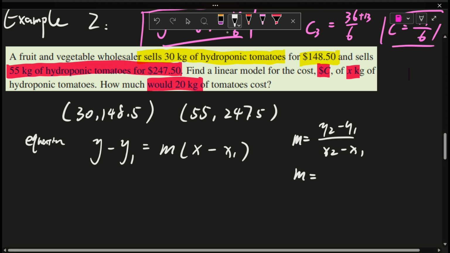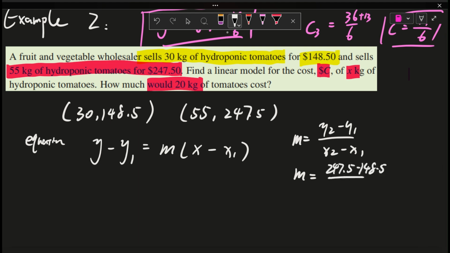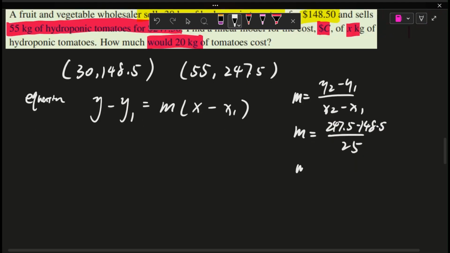So m equals 247.5 minus 148.5 over 25. Use the CAS calculator and substitute in, and I find my m equals 3.96.